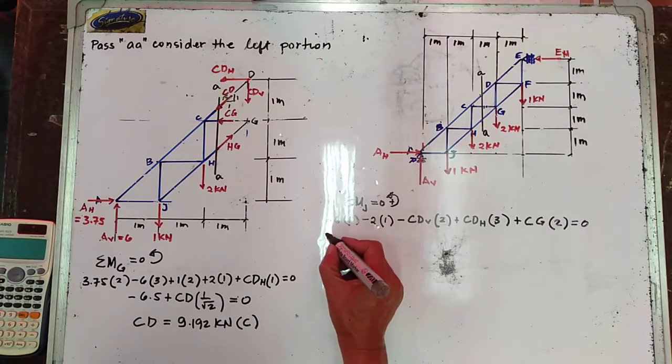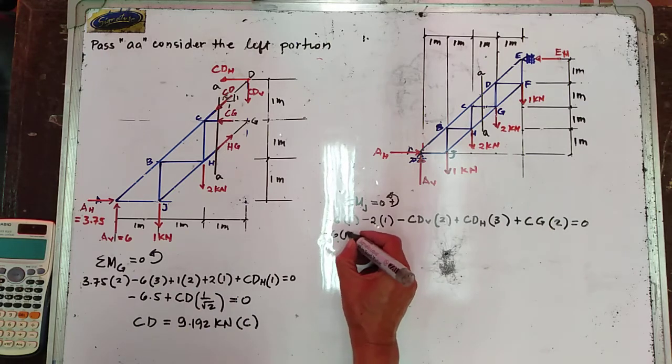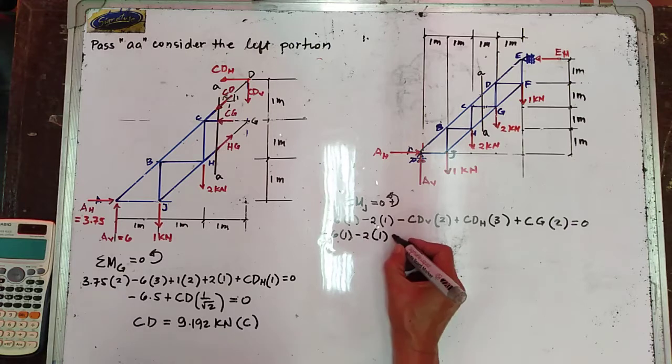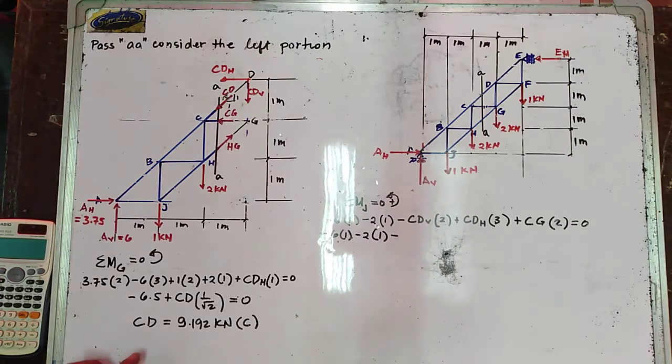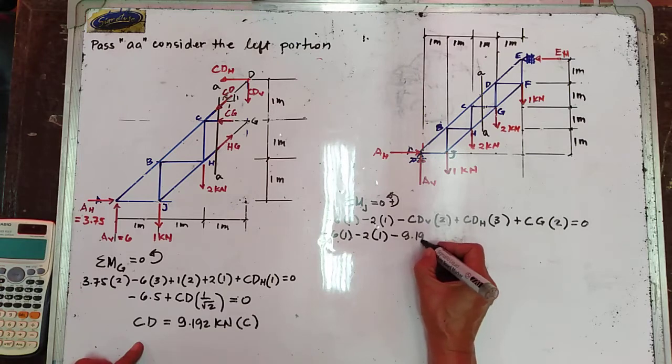So we have minus 6, multiply this by 1. Minus 2, multiply this one by 1. Minus CD vertical. So CD is 9.192.